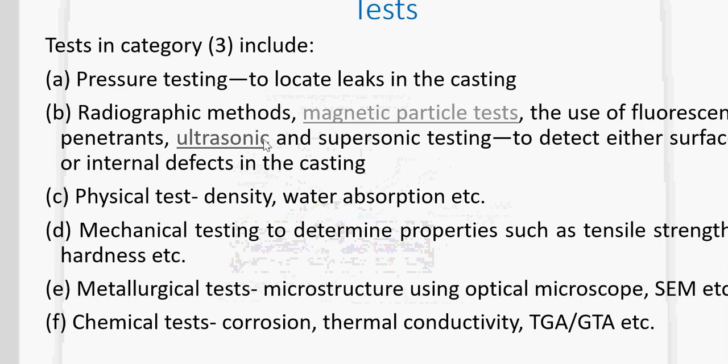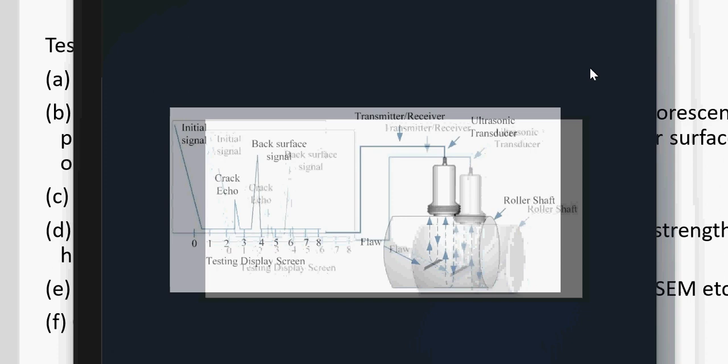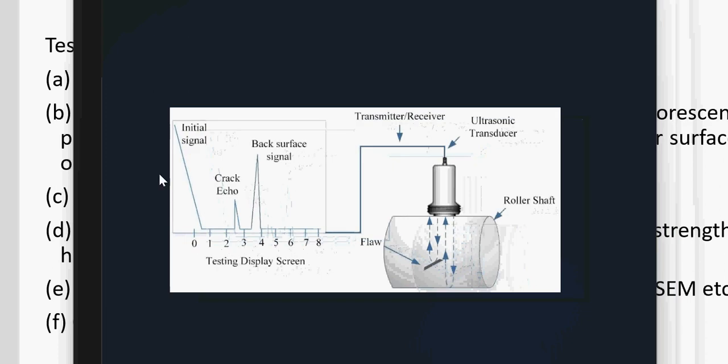Also this ultrasonic testing. I hope you can see it here. You can see the screen output here. If there's any defect, you can see this is a defect where my mouse is, a flaw. Depending on the return signal, you can see it is shorter compared with the first one, so it's indicating there is a defect within.